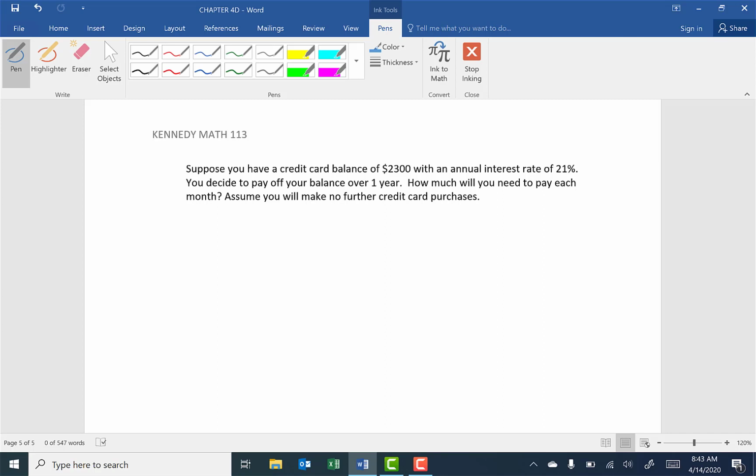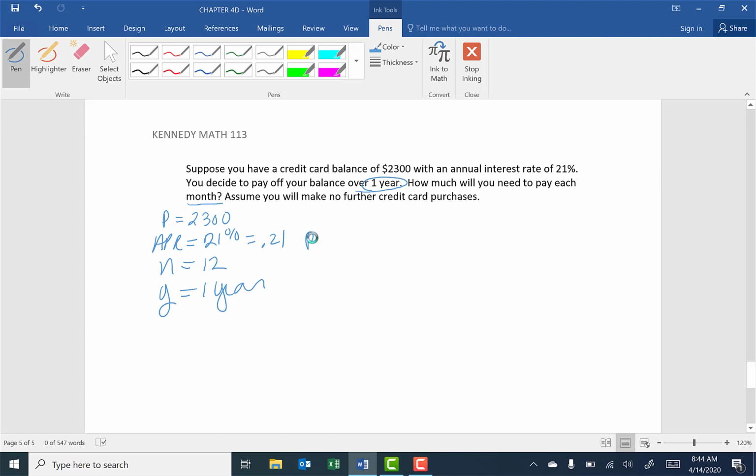We have our P equal to 22,300. Our APR is equal to 21%, which equals 0.21. Our N is how many payments we make each year, so it's going to be 12, and our Y equals 1 year, because you want to pay it off over 1 year.